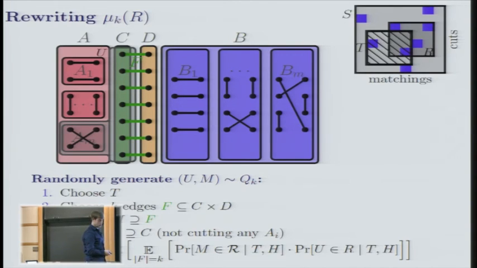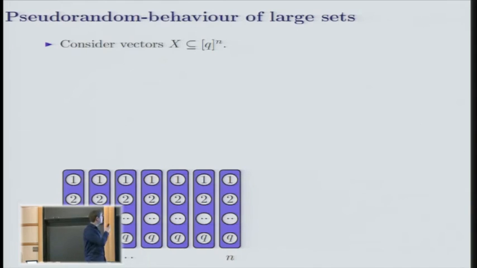I'm generating a uniform cut of a certain size, so they will always have a certain size, which is linear in the number of nodes.